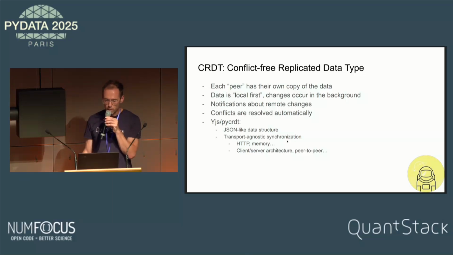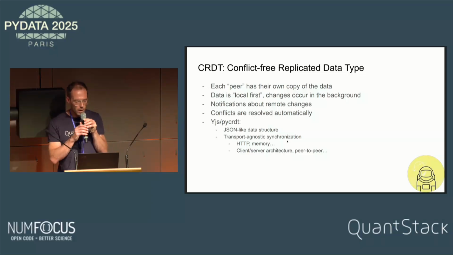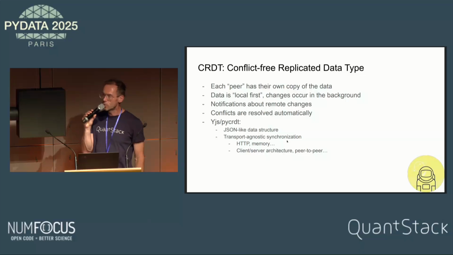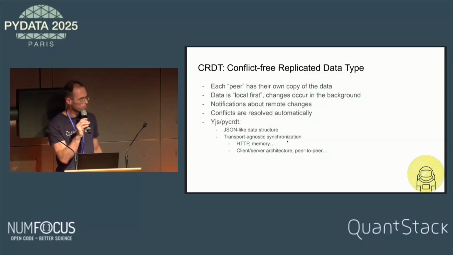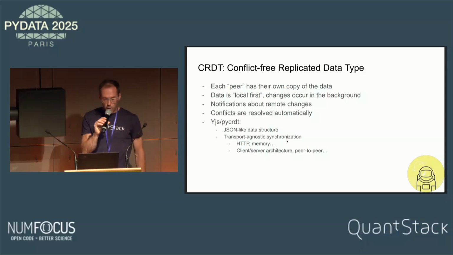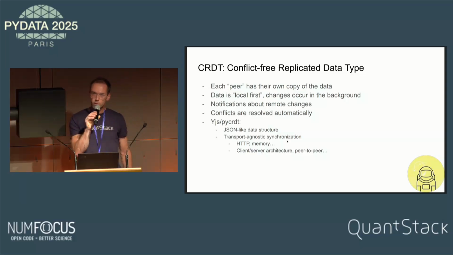In the Python ecosystem, we have PyCRDT, which is a Python binding to the Yrs Rust library, which is itself a port of the YJS library, JavaScript library, very famous, very popular. They deal with JSON-like data structures, so it's very convenient.